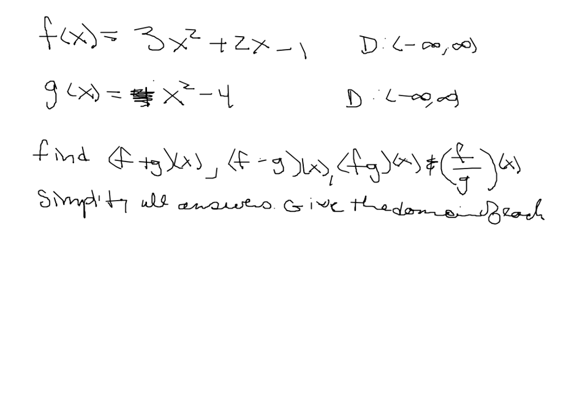Now, both of these are polynomials, so both of these have a domain of minus infinity to infinity, or all real numbers. When we add, subtract, and multiply functions, these are all going to have the same domain.